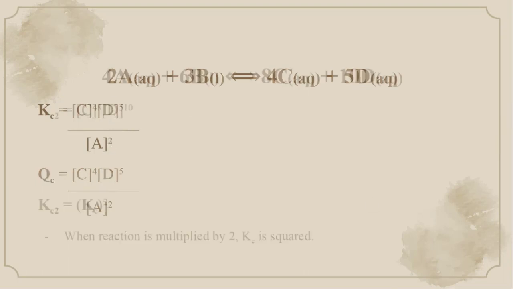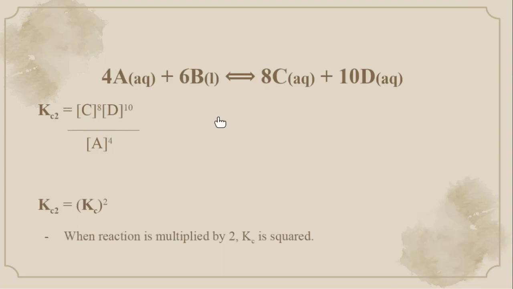And then for this next reaction, it is the same exact reaction, but what did I do to it? Exactly, yeah. I multiplied everything by 2. So now it's just 4, 6, 8, and 10.